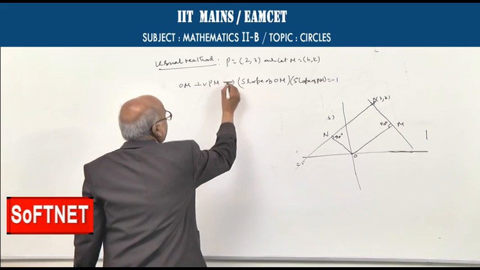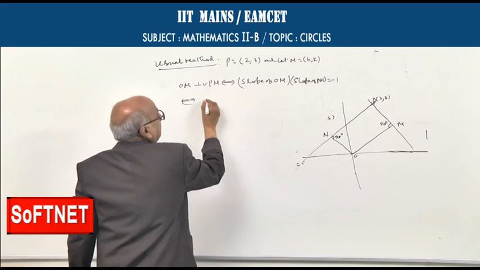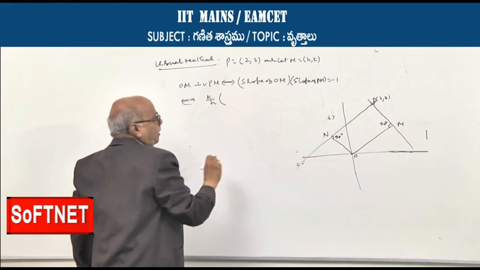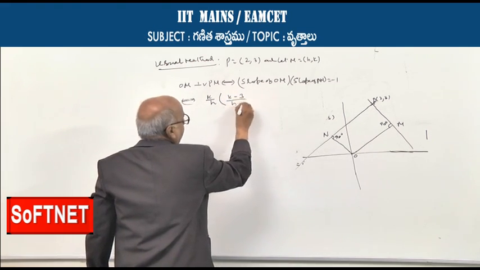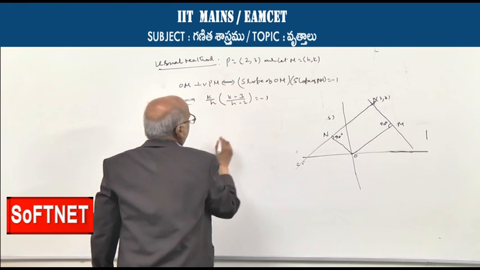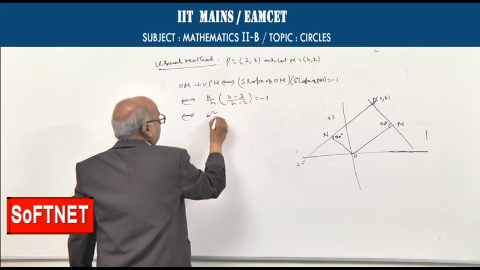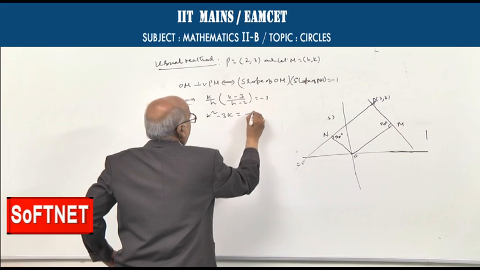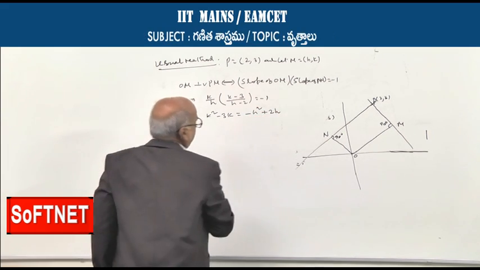So that is, slope of OM means k by h, into slope of PM, which is k minus 3 by h minus 2, is equal to minus 1. So that if and only if k square minus 3k is equal to minus h square plus 2h.